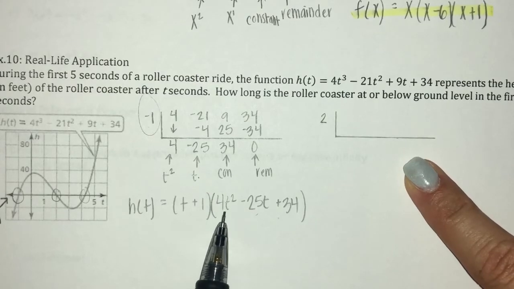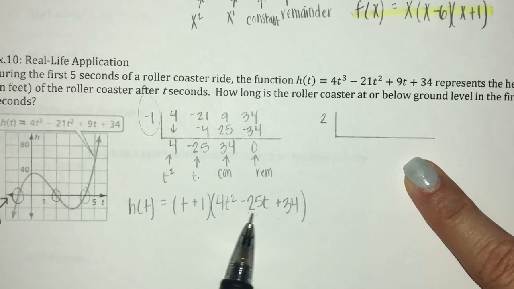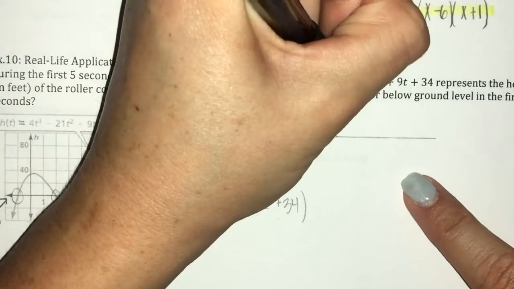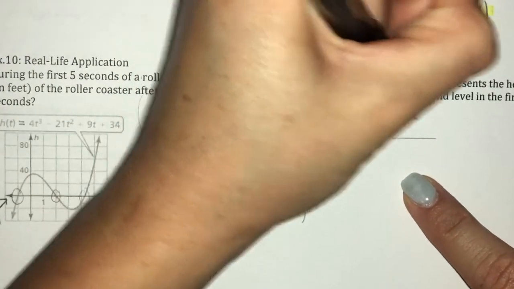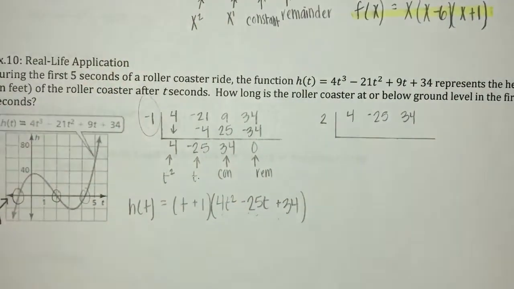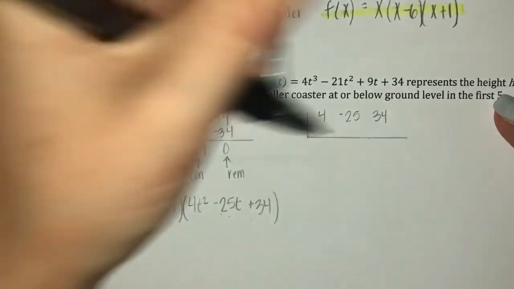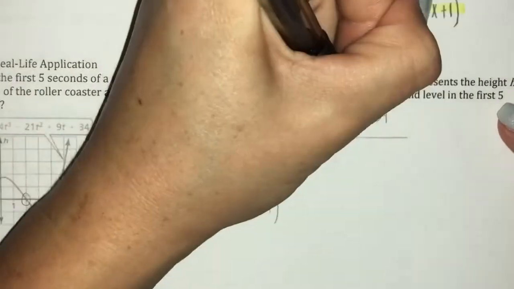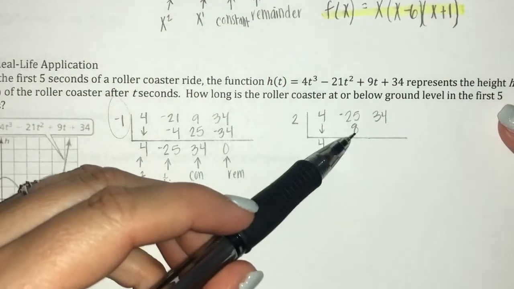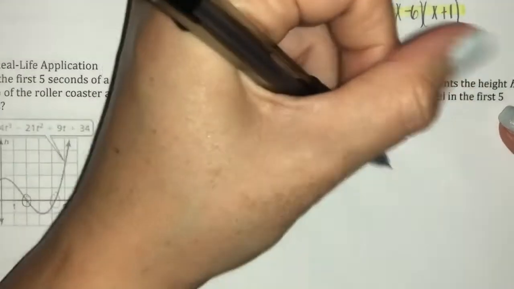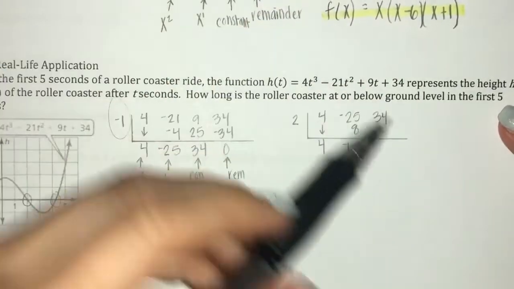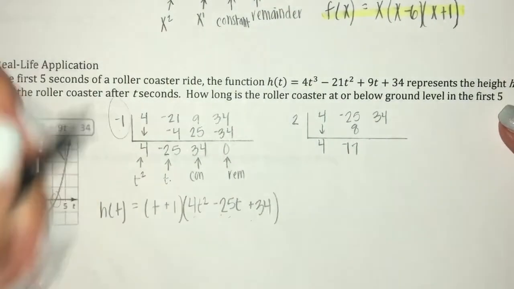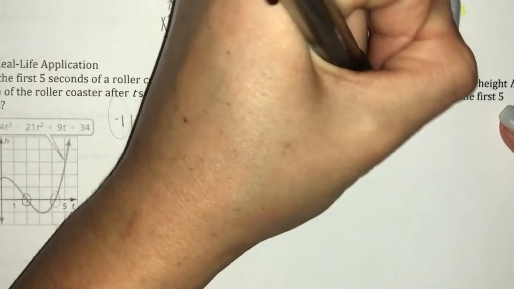So 4 goes across the top, and then -25, and then 34. So the first number comes down, so the 4 comes down, and then 2 times 4 is 8. -25 plus 8 is -17. And then -17 times 2 is -34.